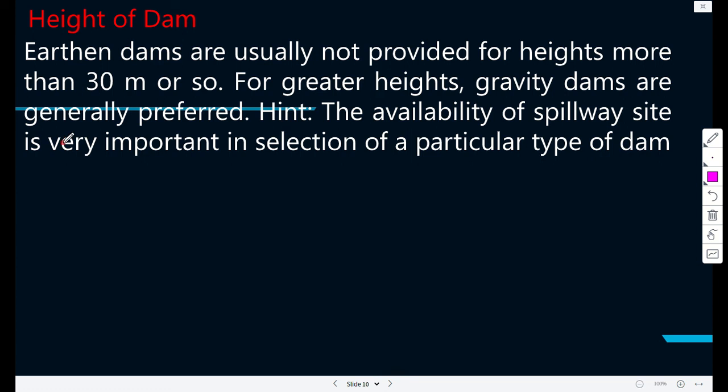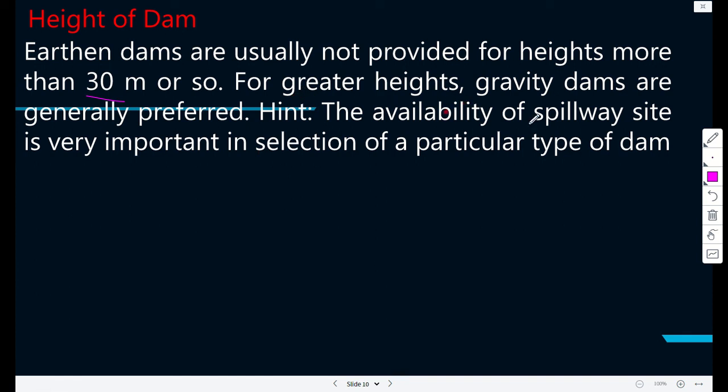Then earthen dams are usually not provided for heights more than 30 meters for obvious reasons, because the pressure is so much and the earthen materials cannot withstand beyond 30. The forces are quite enormous. It is either not economical or not safe to design earthen dams more than 30 meters.